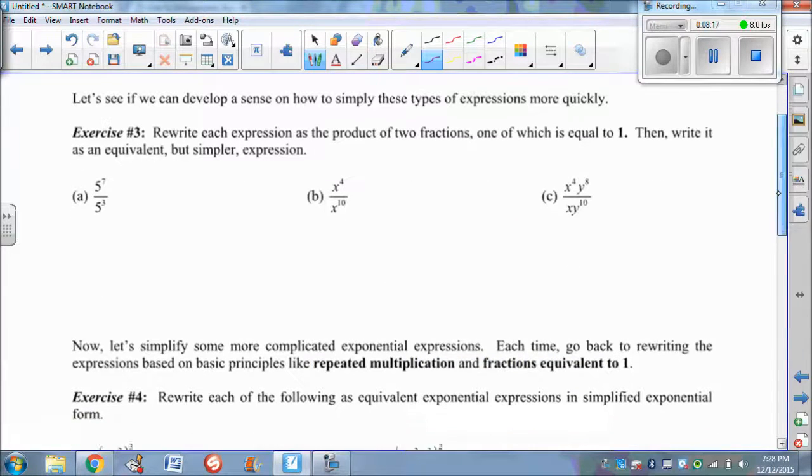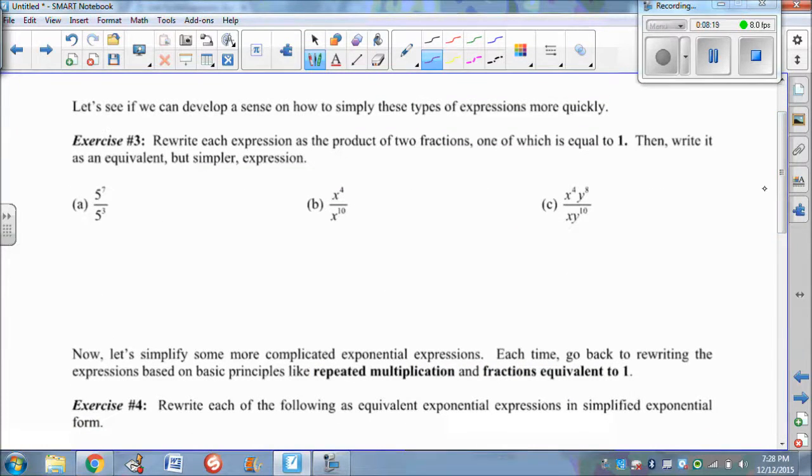So again, we're just going to simplify these, okay? We're not going to do this rewriting business. We're just going to write it in a simpler form. So like bases, so really this is 5 to the 7 minus 3, which is 5 to the 4th, okay?